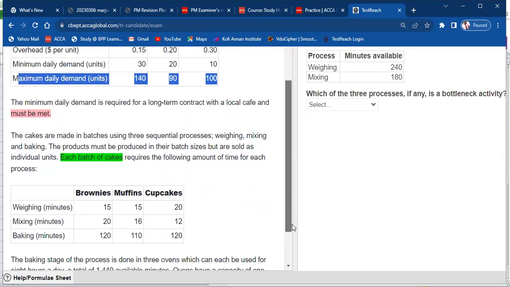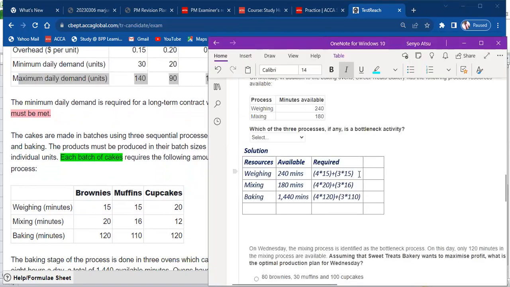So looking at the time for cupcakes, 5 batches, each of them requires 20 minutes in weighing. 5 batches, each requires 12 minutes in mixing. 5 batches, each batch requires 120 minutes in baking. I hope I got those numbers right.